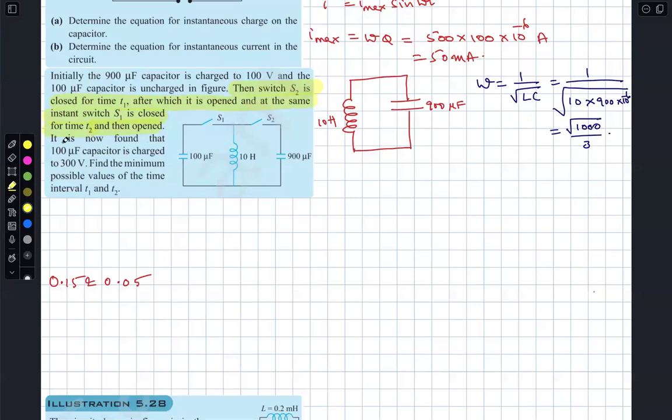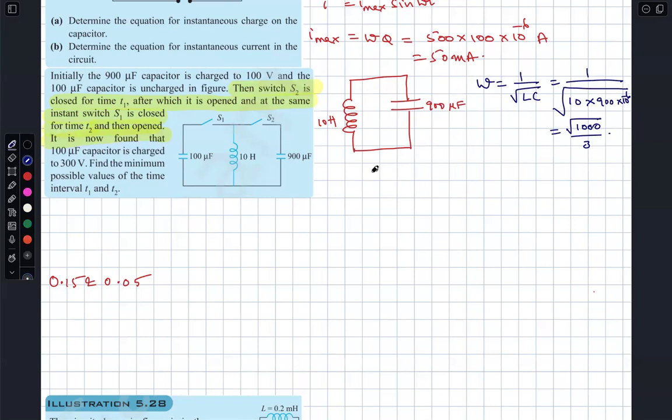This is an important observation. Find the minimum possible values of the time intervals T1 and T2.